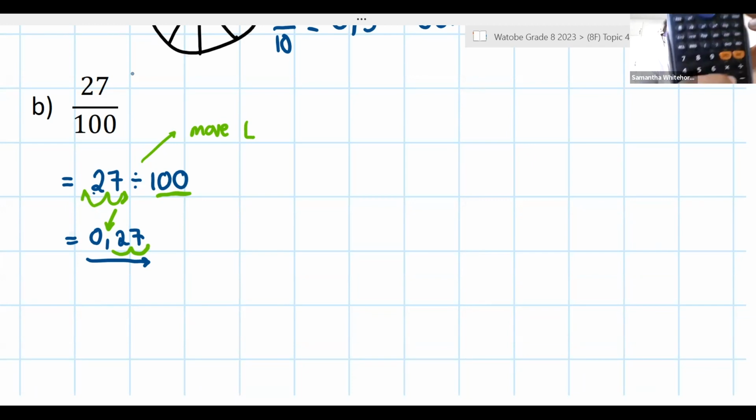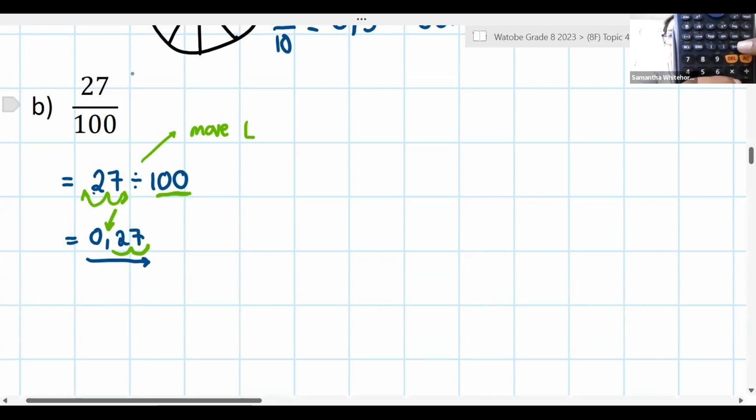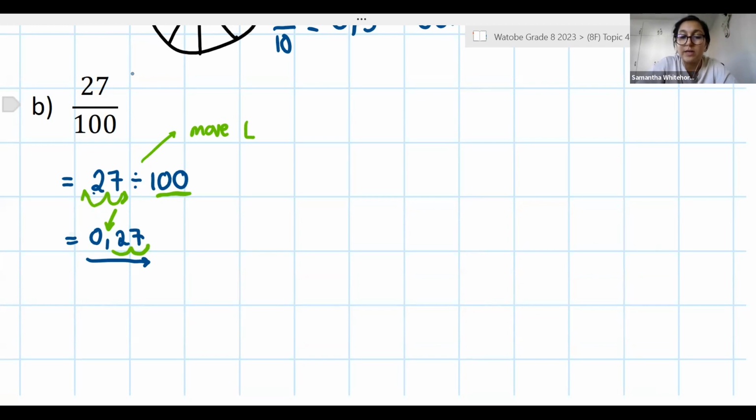But if you push this SD button, it allows you to convert it to a decimal. If I push that button, it takes me to the decimal 0,27. What that means is that you can always double check your answers. Once you've converted from a fraction to a decimal, you can quickly get your calculator, double check if you've done it correctly, and then move on.